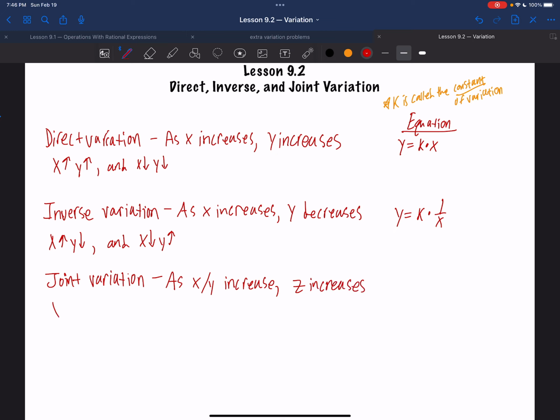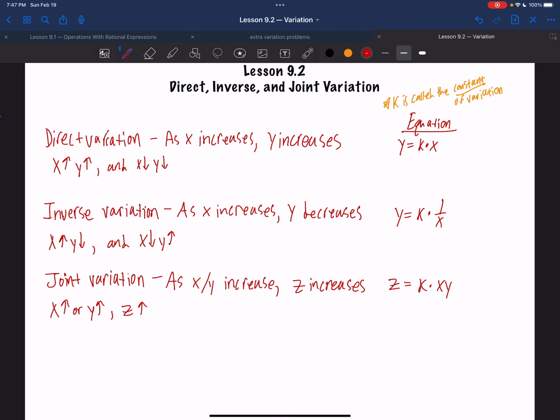So as x goes up or y goes up, z goes up, and similarly for decreasing, okay? And the equation for this is z equals k times xy. And that's joint variation. So joint variation is just when more than one variable can impact the value of another.